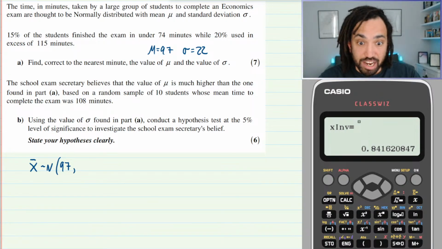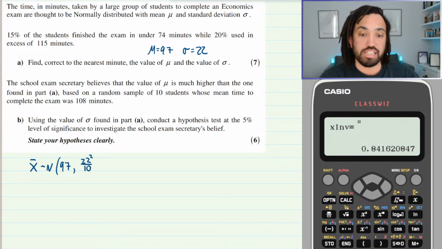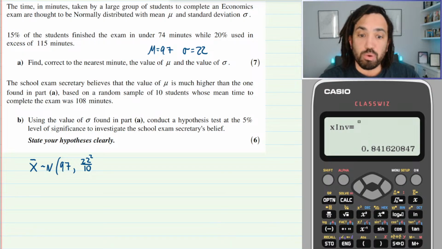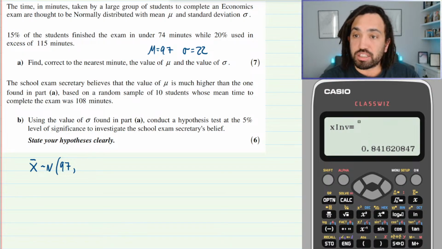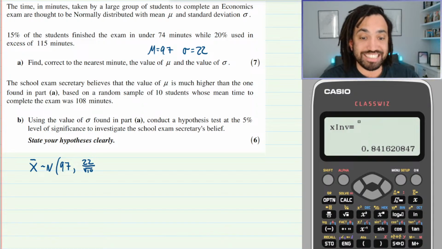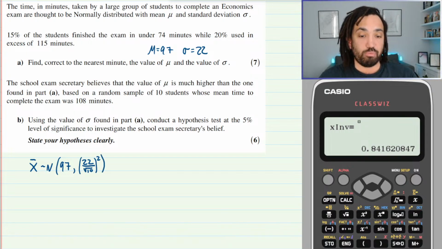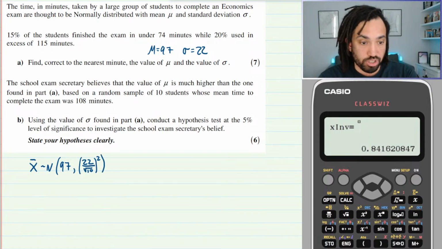Now the variance, if you write it as the variance, will be 22 squared over n, which in this case is the sample, 10. But what I like to do, because I think I'm less likely to make mistakes, is write 22 over the square root of 10. That's the standard deviation, and then we square that when we write it in our distribution.